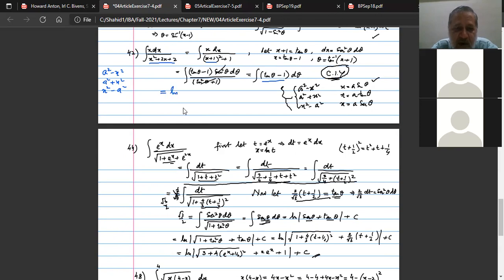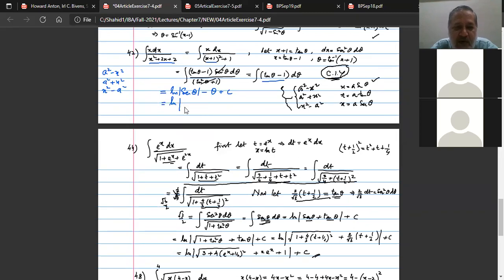The integral of tangent theta we usually write as log secant, and the integral of 1 is theta plus c, and then in place of theta, you write down tan inverse of x plus 1. In place of secant theta, we don't have secant theta, so we have to write this secant theta in the form of tangent theta.